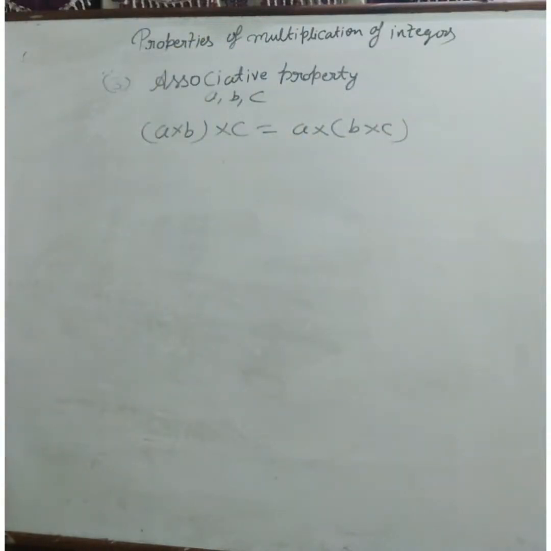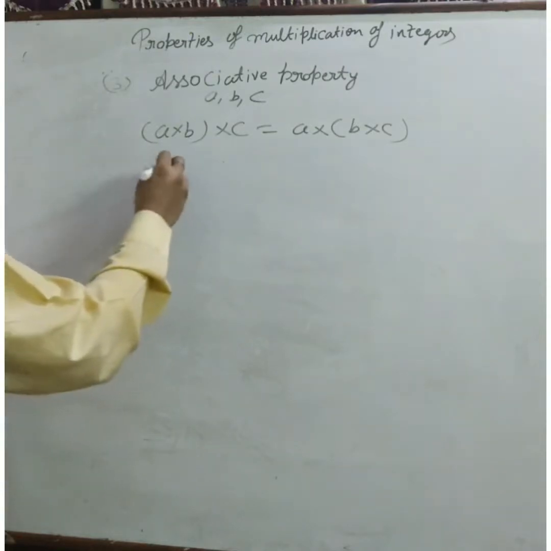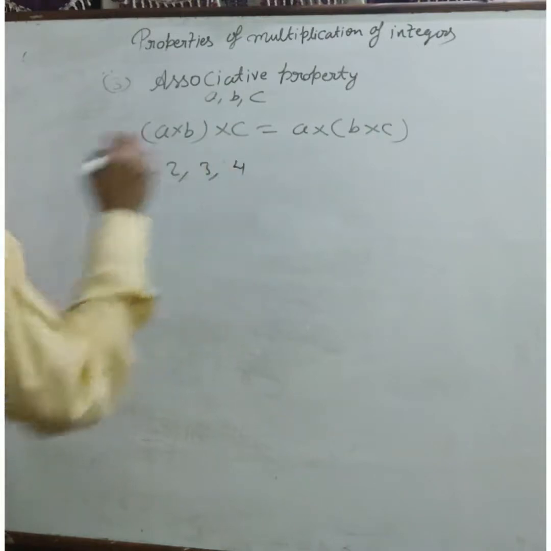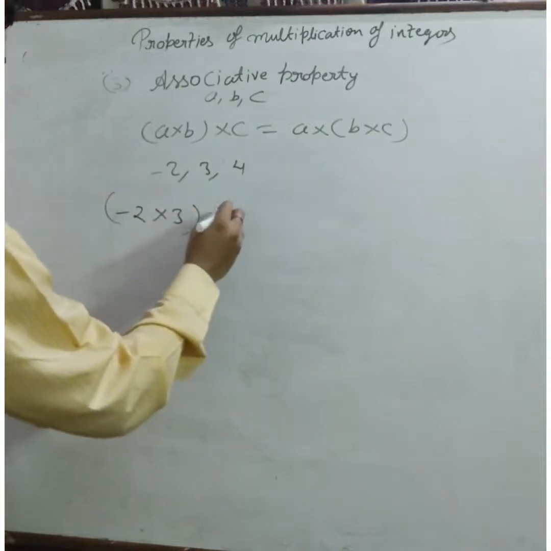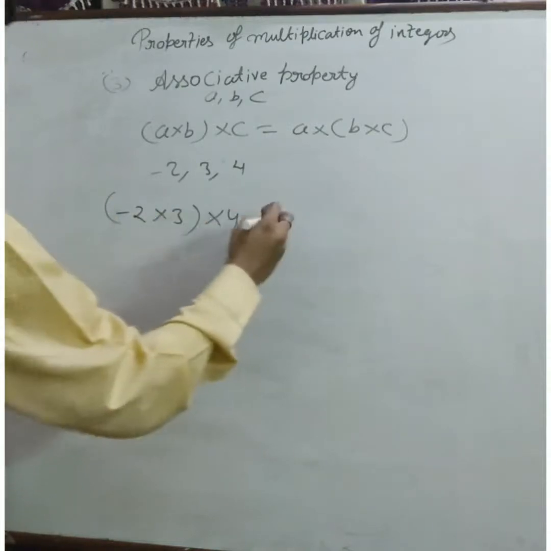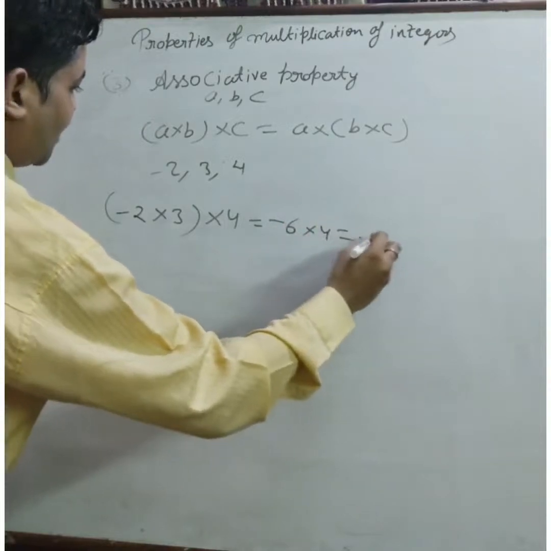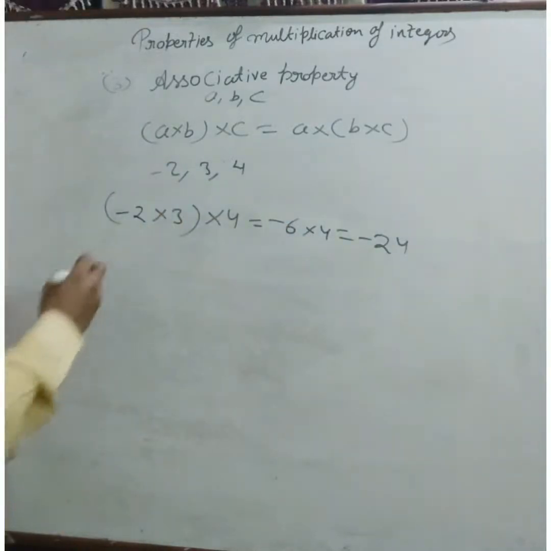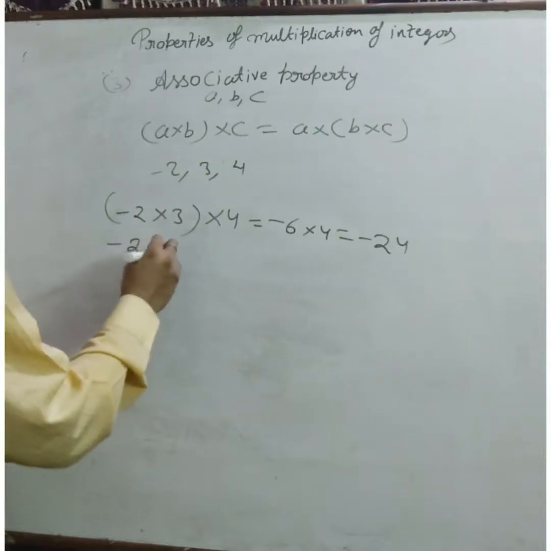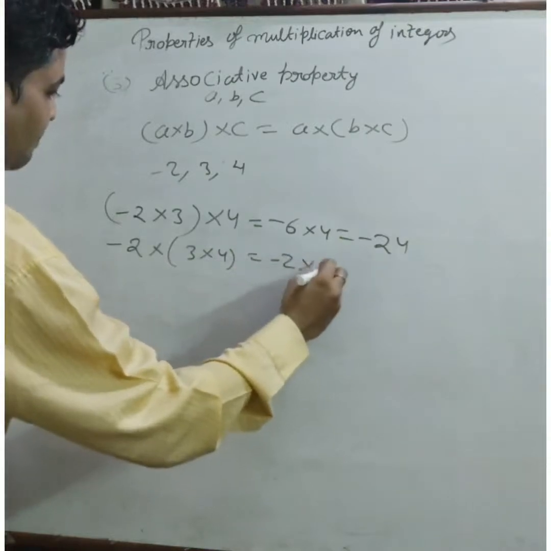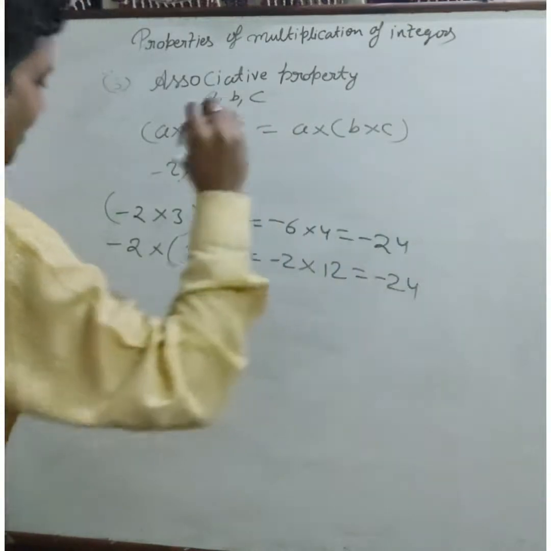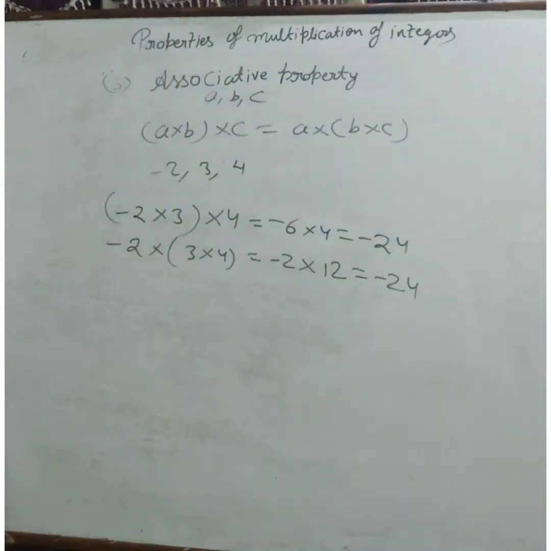For example, let the three numbers be -2, 3 and 4. Then (-2 multiply 3) multiply 4 is -6 multiply 4, that is -24. And -2 multiply (3 into 4) is -2 multiplied by 12, that is -24. Both answers are the same. That is the associative property.